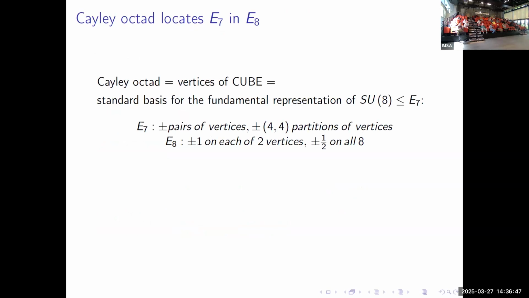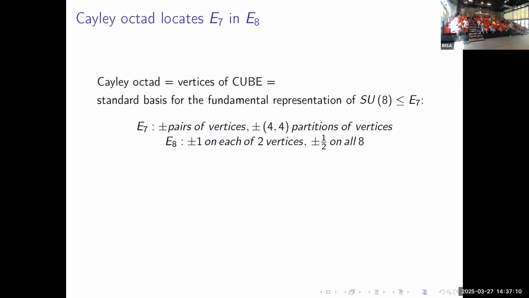So E7, the roots, or all of the theta characteristics are pairs of vertices, the odd ones, and 4 partitions, the even ones.